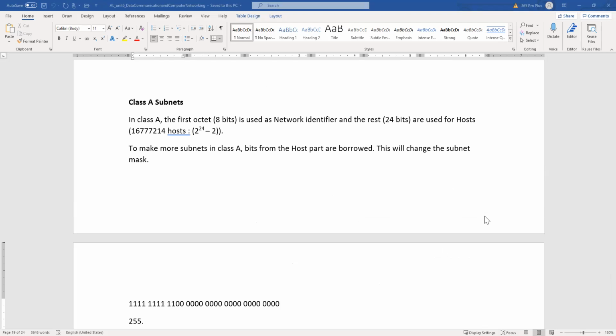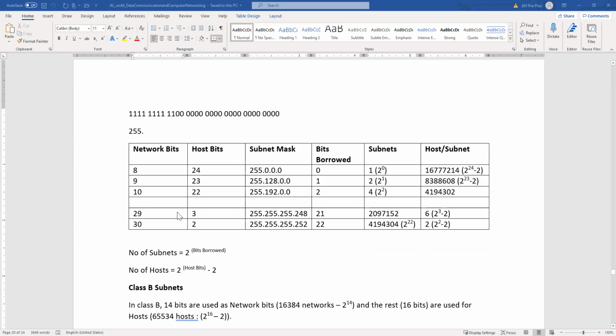So I think we can connect 16 million devices in class A networks. To divide this, you borrow a bit from the class A network, and this is what will happen.